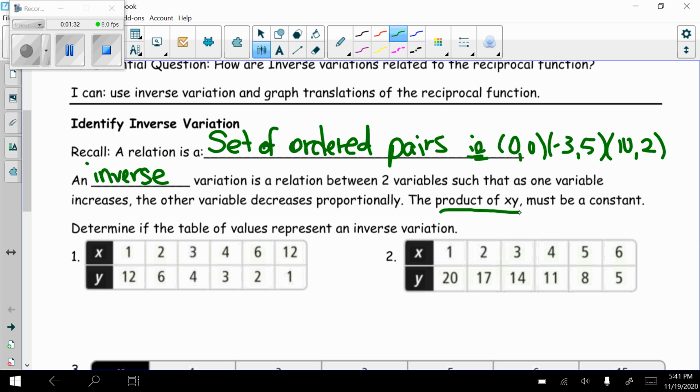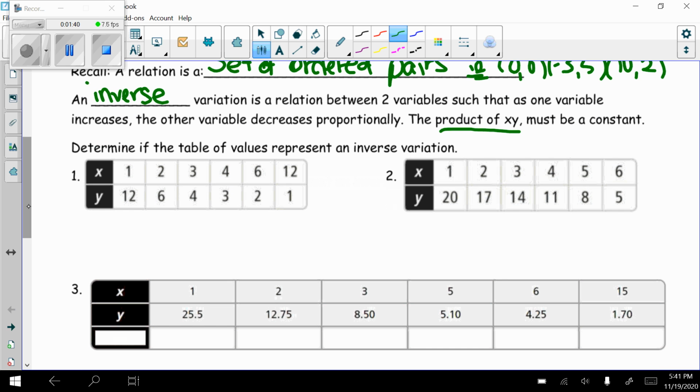First we're just going to determine if the table of values given represents an inverse variation. So number one, they give me a relation, x's and y's, and so I want to find xy. I want to find the product of the two. So 1 times 12 gets me 12, 2 times 6, 12, 4 times 3, 12, 6 times 2, 12, 12 times 1, 12.